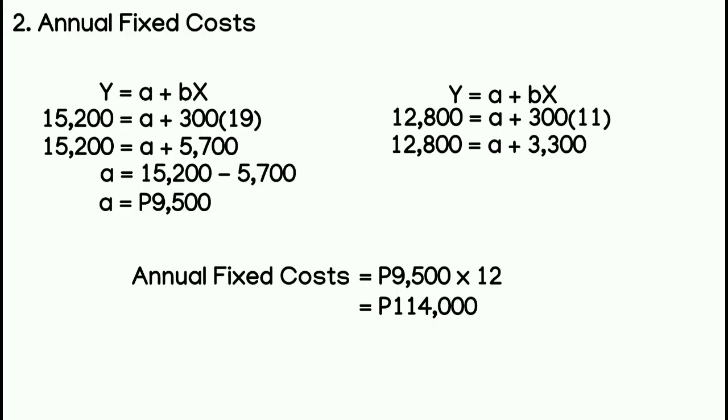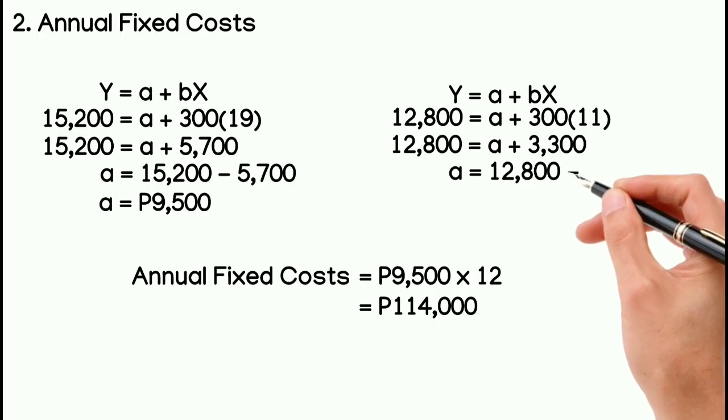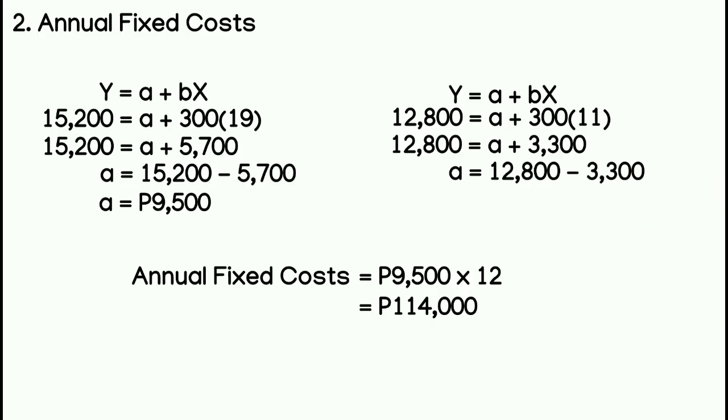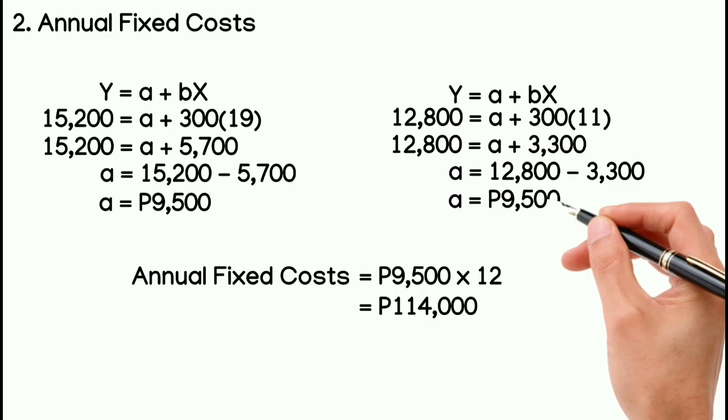Since ang hinahanap ay fixed costs, A is equal to 12,800 minus 3,300. Therefore, A is equal to 9,500.